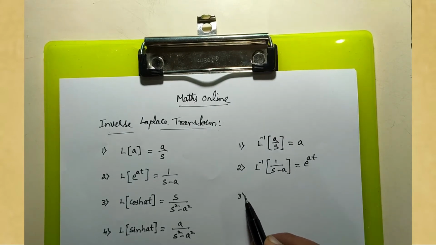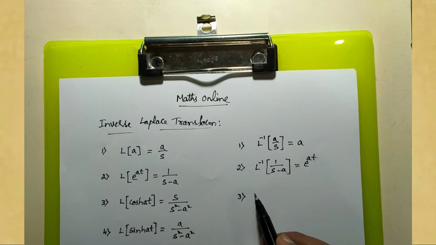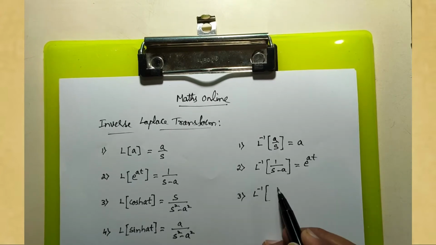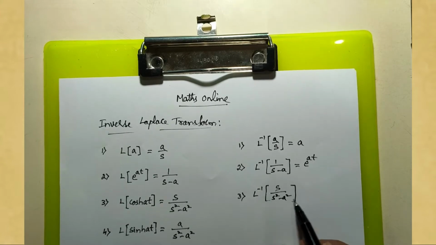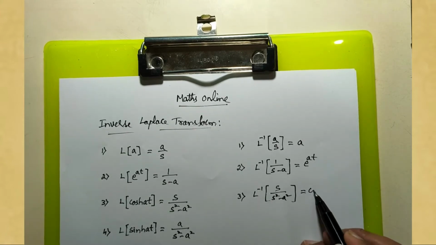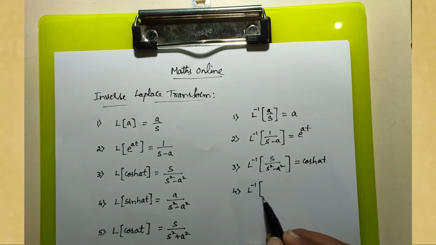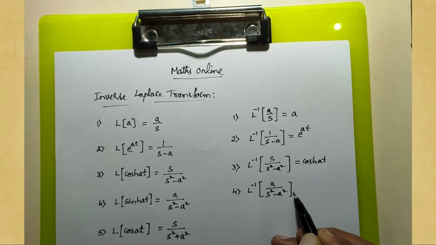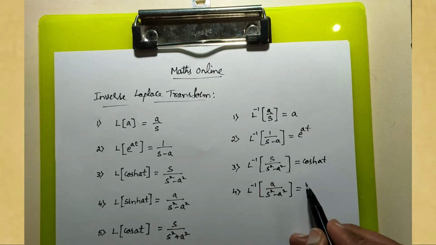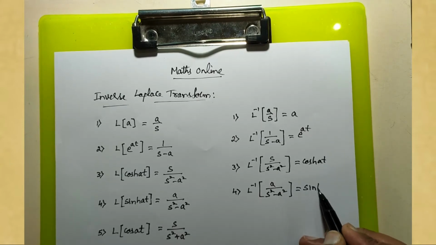Then we have, if I take L on the other side, L inverse of s by s square minus a square. Its formula will be cosh at. The next formula will be L inverse of a by s square minus a square. Its value will be sinh at.